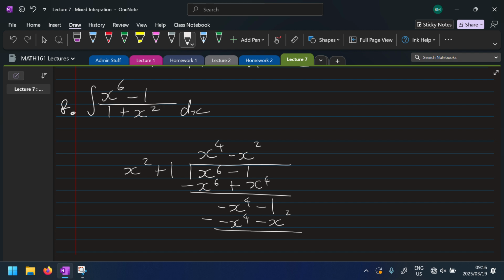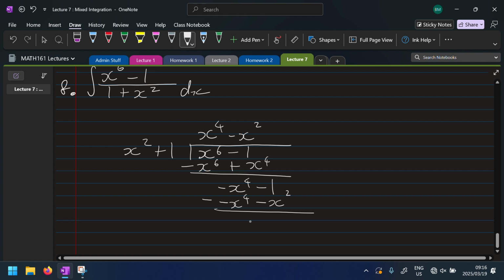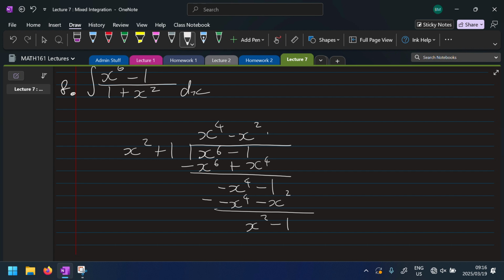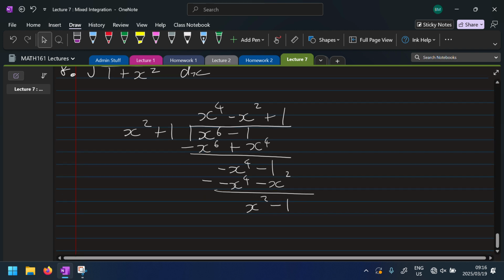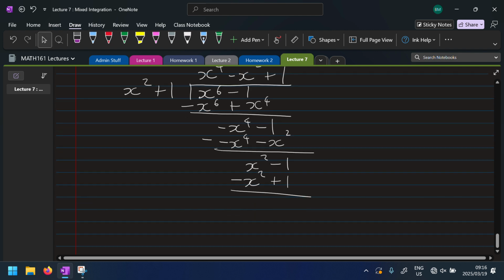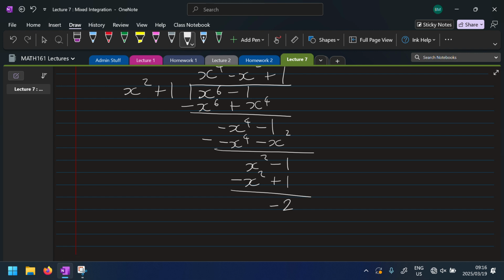We subtract again, so we're left with x squared minus 1. X squared divided by x squared is 1. 1 times x squared plus 1 is x squared plus 1. We subtract them: x squared minus x squared goes, and minus 1 minus 1 is minus 2. We can stop there.